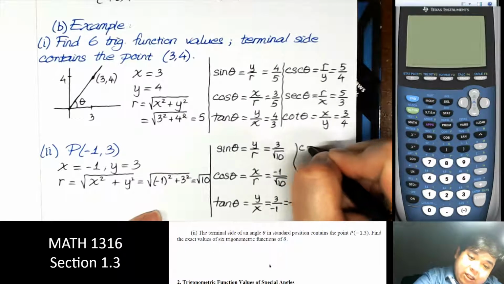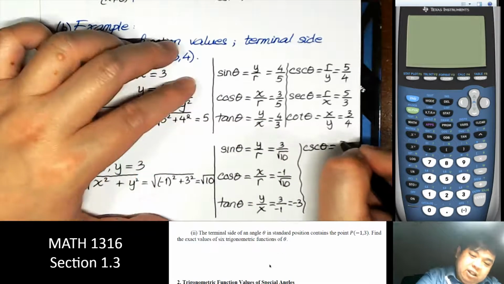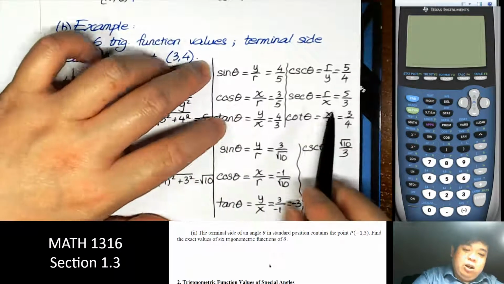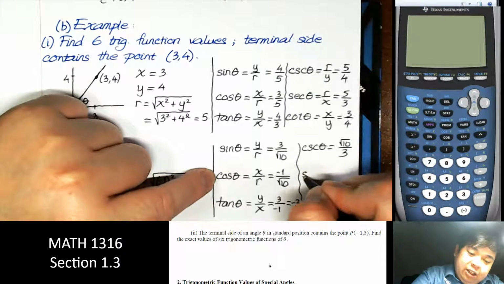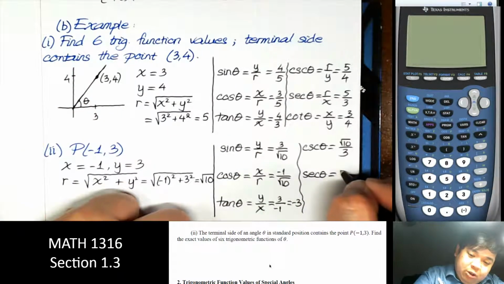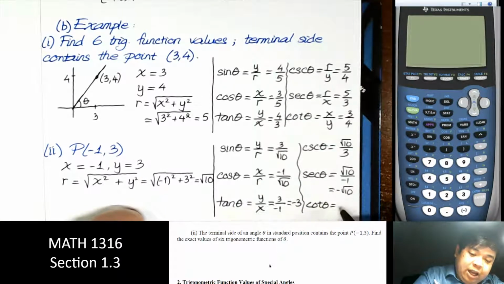And then cosecant, we're going to just flip it. So just square root of 10 over 3. Cosecant, just flip the sine. Secant is reciprocal, so square root of 10 over negative 1, which is negative square root of 10. And finally cotangent, x over y, so negative 3 flipped, negative 1 over 3.